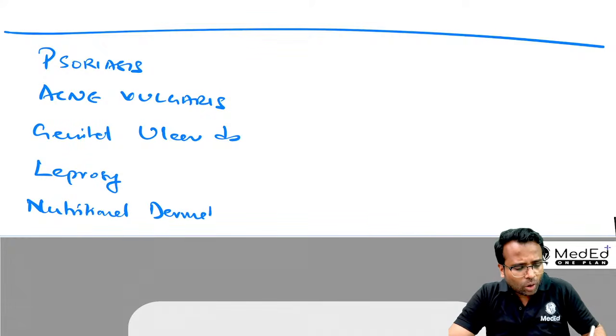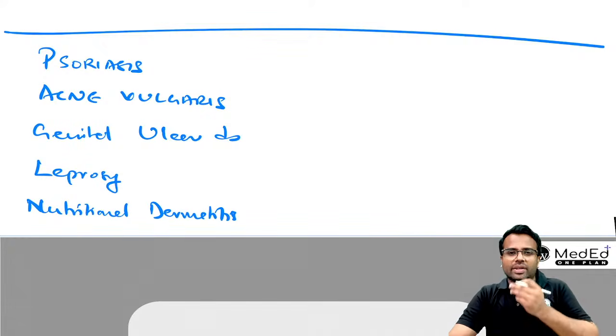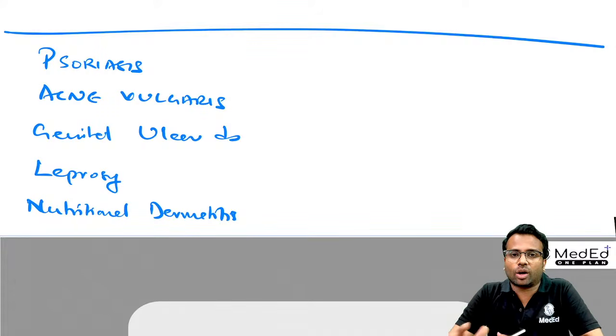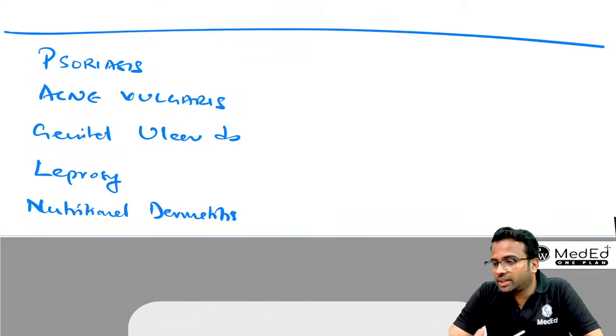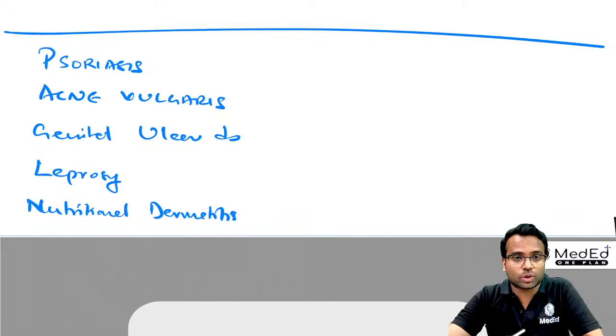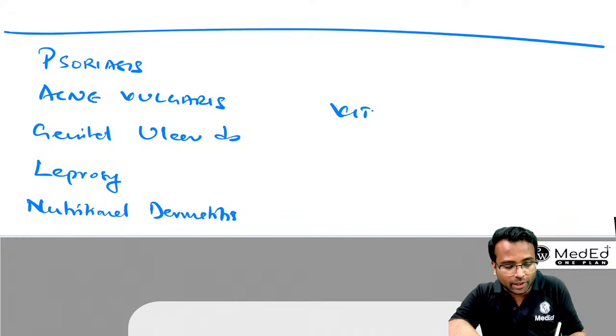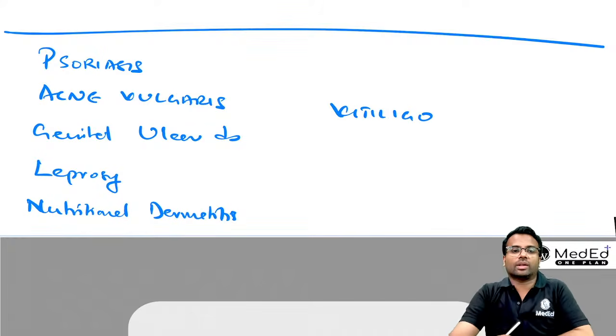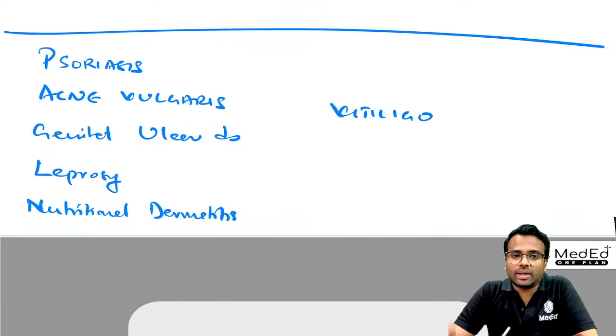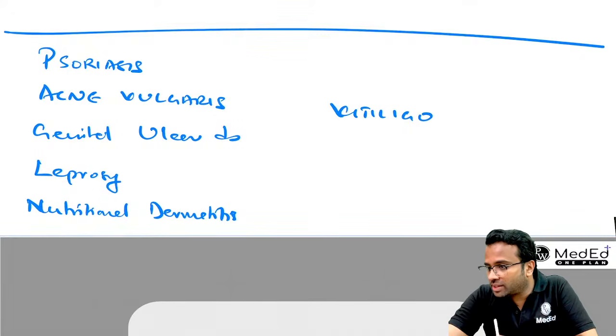Nutritional dermatosis, because topics like pellagra, scurvy, acrodermatitis enteropathica are repeatedly asked in exams. I will not say the remaining topics are not important, but please go through these very important topics, especially vitiligo as well. So psoriasis, vitiligo, acne vulgaris, genital ulcer disease, leprosy, nutritional dermatosis are topics you are not going to omit. Revise them very well.